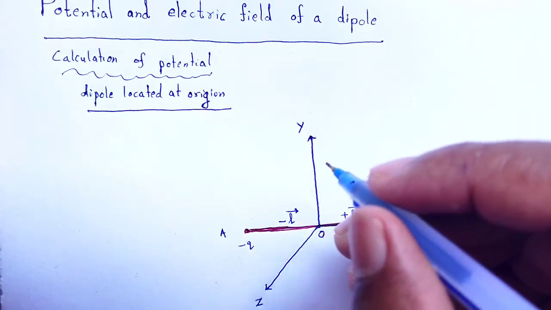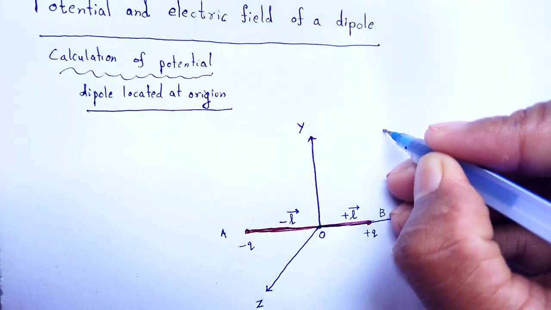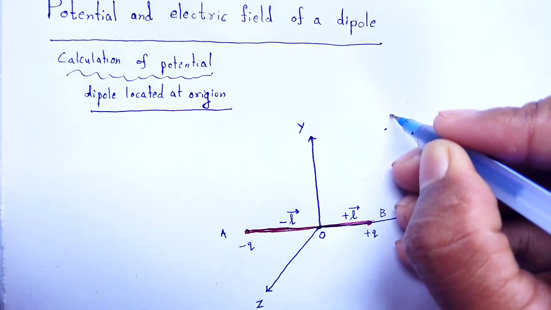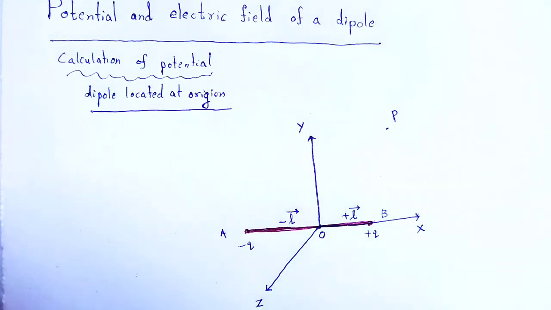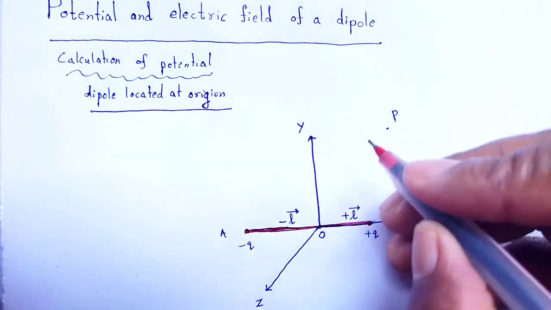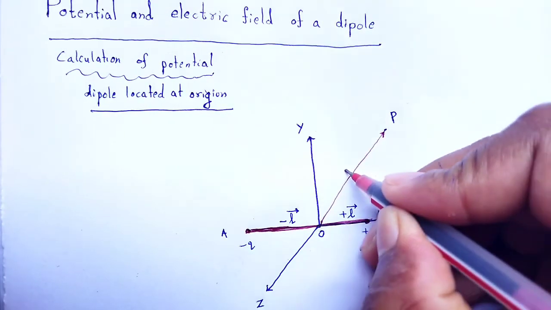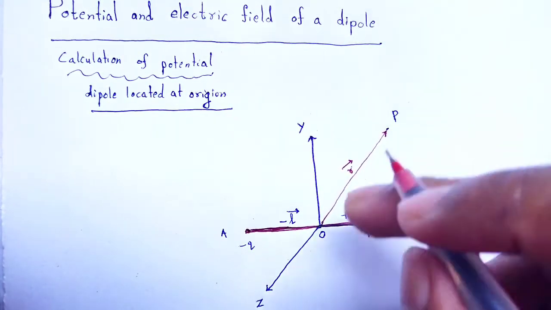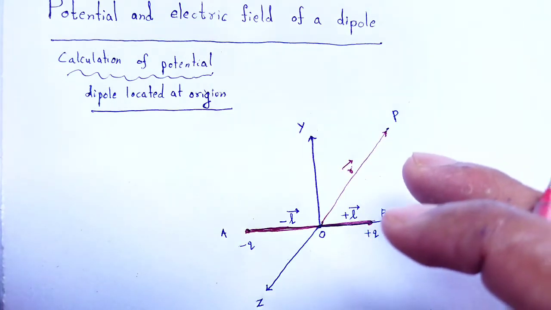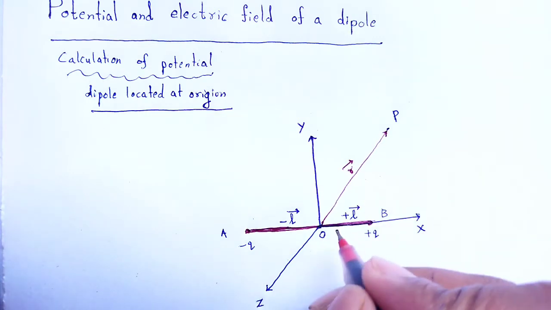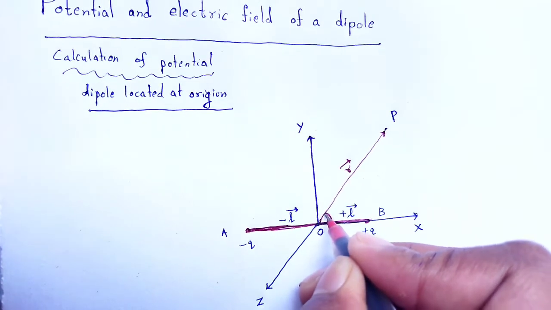Let P be the point. Here we take the point P having the position vector r vector from the origin, and that creates an angle theta with the positive direction of x axis.